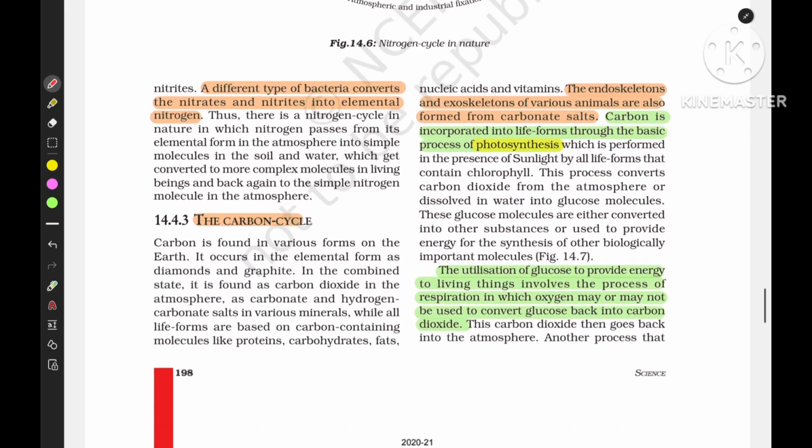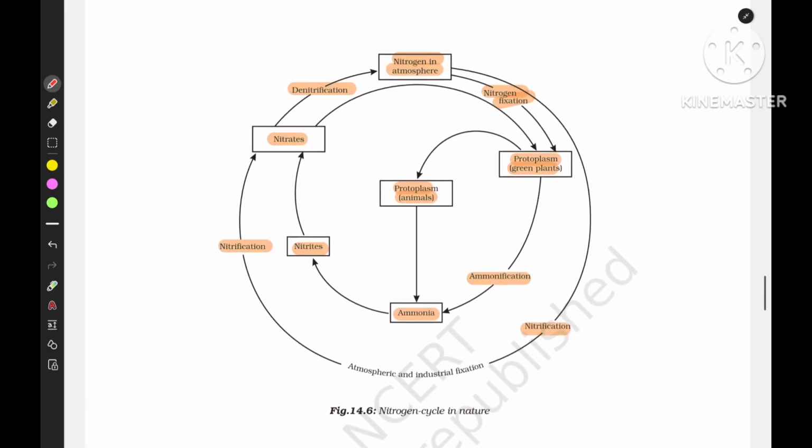So there is a chart showing how the nitrogen cycle occurs. There's atmospheric nitrogen here. The atmospheric nitrogen is fixed by some bacteria, and then taken up by the plants, green plants, and green plants are taken up by the animals.